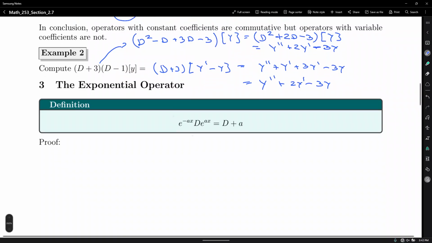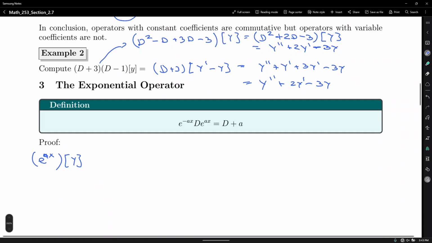Okay, so number one, I'm going to have this given operator. Let's say we have some y function being multiplied by the exponential function of the form e to the ax. And you might wonder, why am I introducing this e to the ax function? Because wasn't the form of the solution of this equation of exponential form?